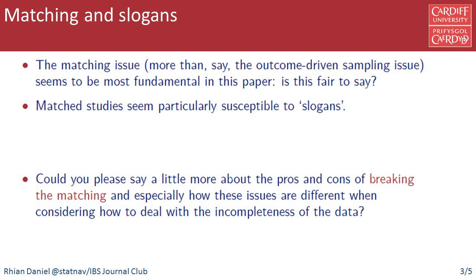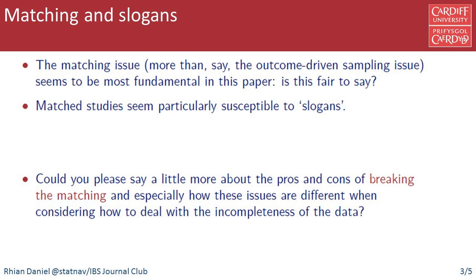The other advantage of breaking the matching is that if you're not using multiple imputation and you're going to do a complete case analysis, then what happens when you use conditional logistic regression is that if you've got, say, a case that's matched in a set with, let's say, 2 controls, and the case is incomplete, so has some missing data, then you exclude the case, and the result is that there's no one to compare the 2 controls with.